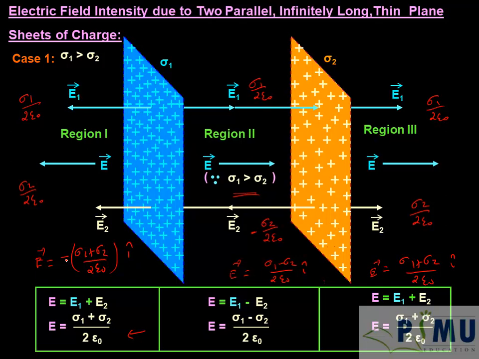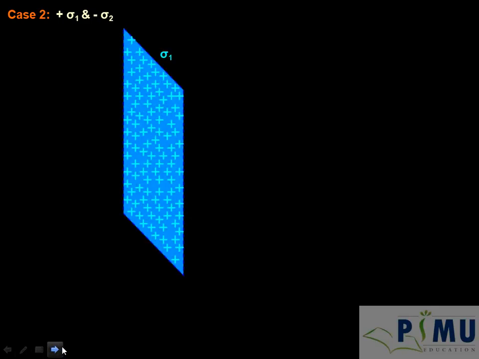This is the case of two infinitely large parallel plane sheets of charge with sigma 1 greater than sigma 2. And what will happen if one has positive charge density and the other has negative charge density?